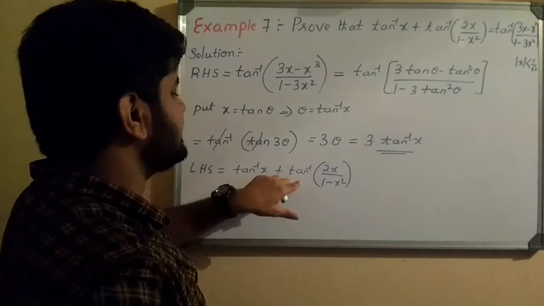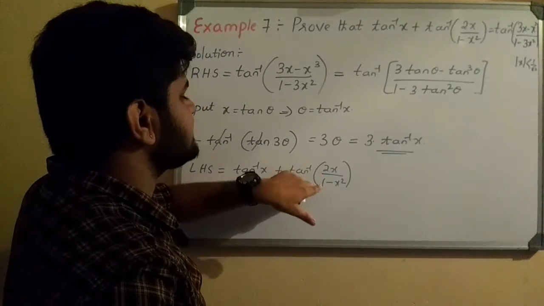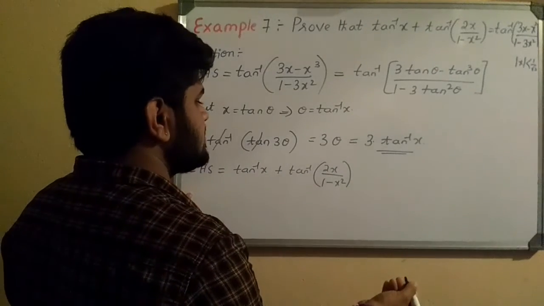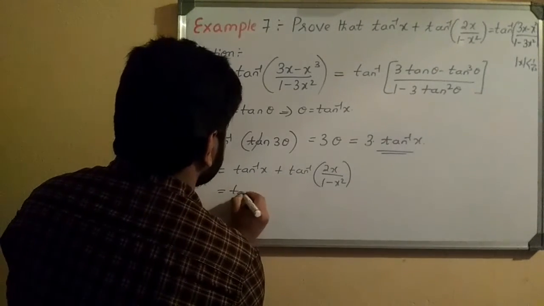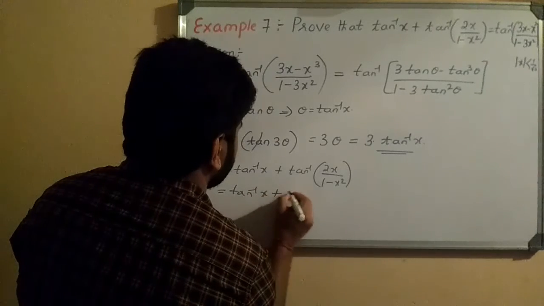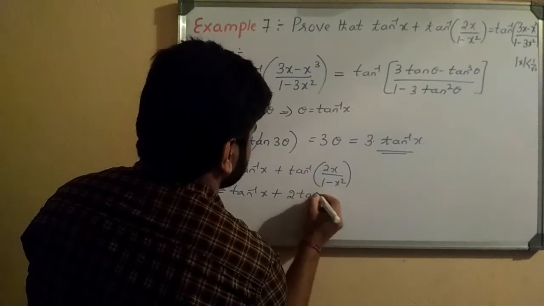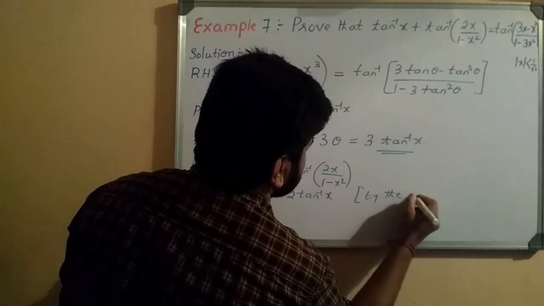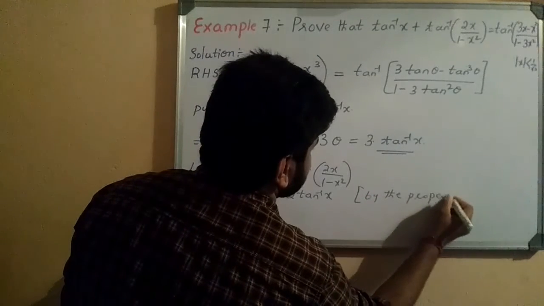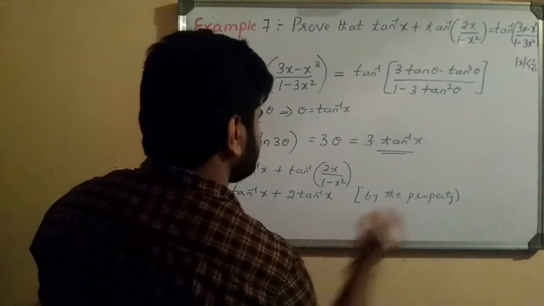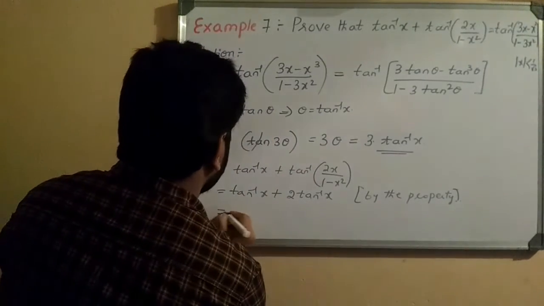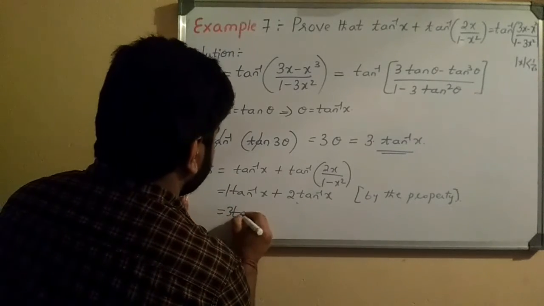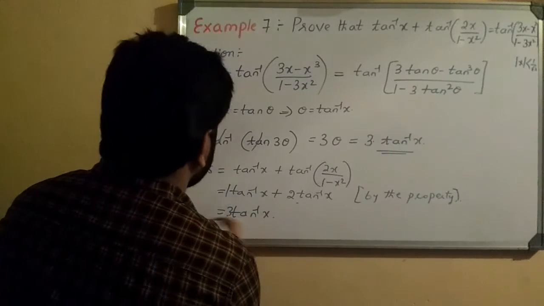From the property, tan inverse of 2x by 1 minus x square is equal to 2 tan inverse x, so it will become 3 tan inverse x.